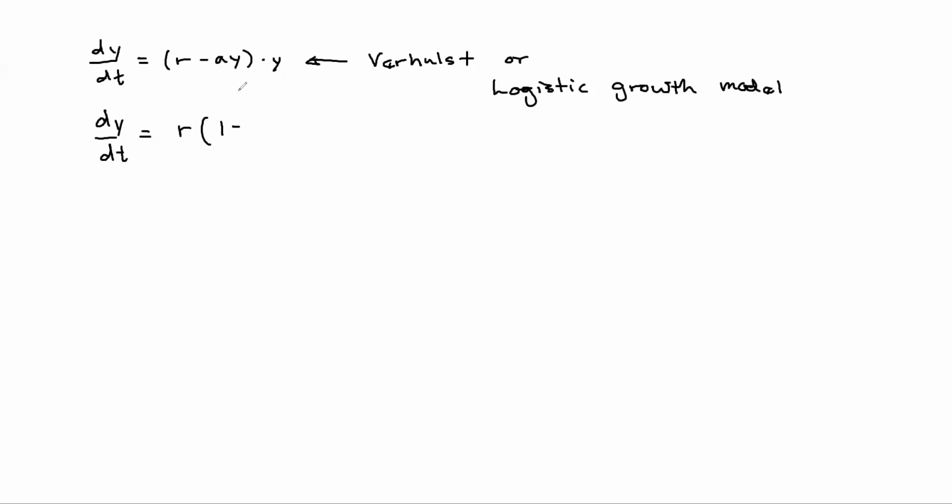And if we factor out the R from negative ay, we can write that as y over K times y, where K equals R over a. K is the limiting condition, whether it's population or space. It's the size of the population where we're going to start to run into problems.